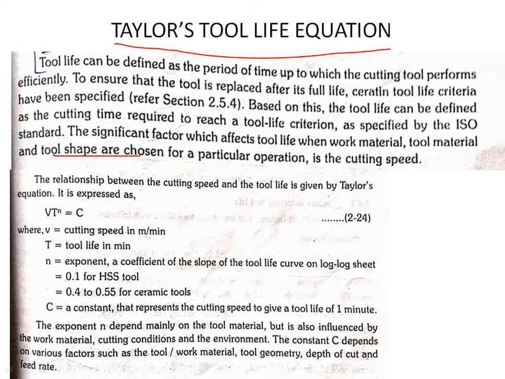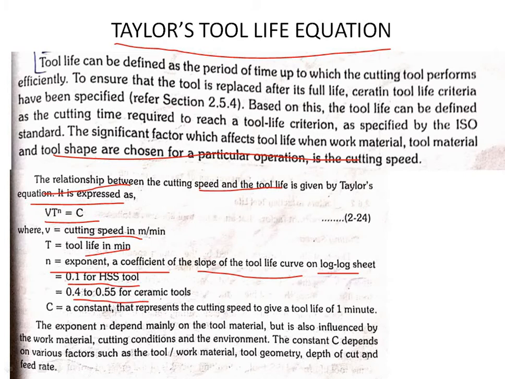So the relationship between the cutting speed and the tool life is given by Taylor's equation. It is expressed as VT^n = C, where V is the cutting speed in meters per minute and T is the tool life in minutes, and n is the exponent, a coefficient of the slope of the tool life curve on a log sheet, that is equal to 0.1 for HSS tools and 0.4 to 0.55 for ceramic tools.